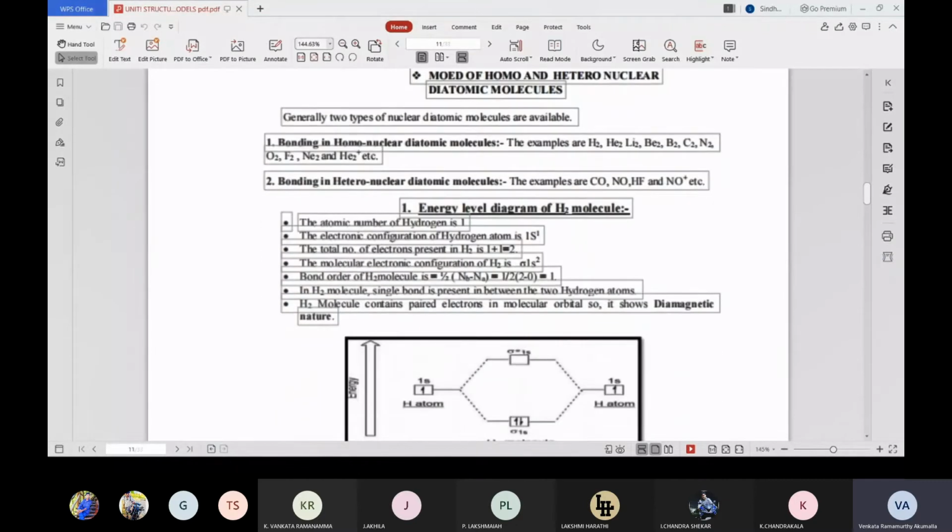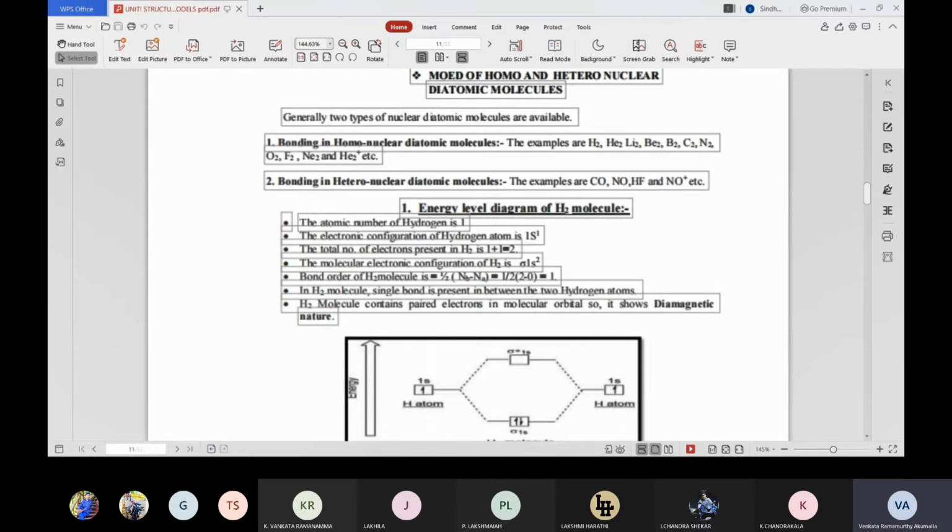One is bonding in homonuclear diatomic molecules. Another one is bonding in heteronuclear diatomic molecules. First one is bonding in homonuclear diatomic molecules.